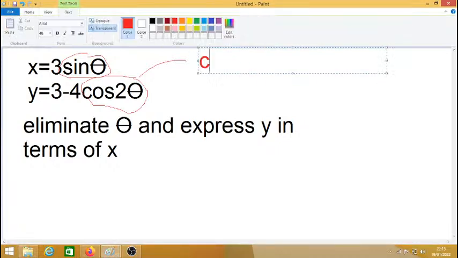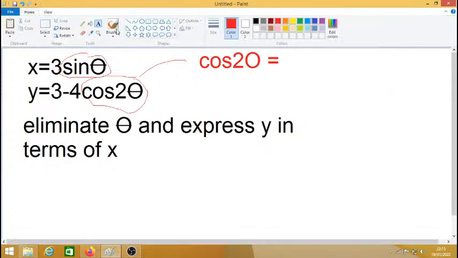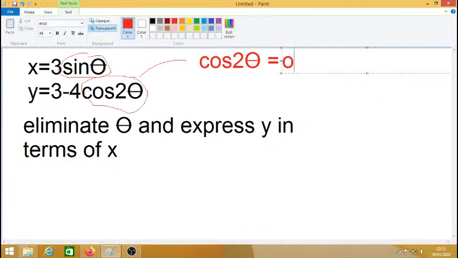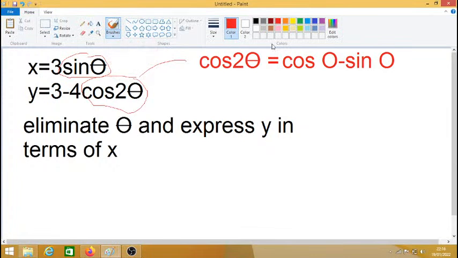We've got the first cos 2 theta formula. If you remember, it was cos squared minus sine squared. So that's got a sine in it, but the problem is it's also got cos in it as well, so we don't want that one.